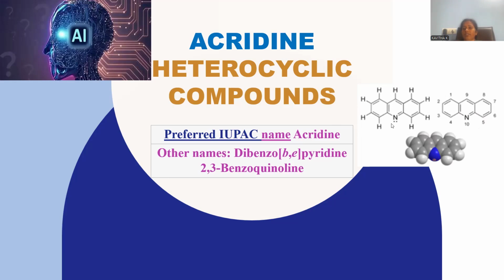The heteroatom is marked with the blue colored atom, that is the nitrogen; the ash colored lobes indicate the carbon atoms, and white colored lobes the hydrogen atoms. This is the three-dimensional representation without any bond representation, right? So this is regarding the acridine molecule.